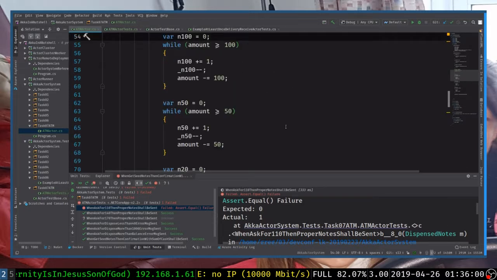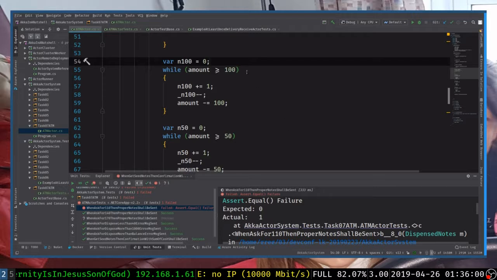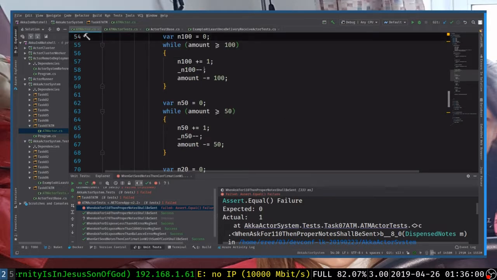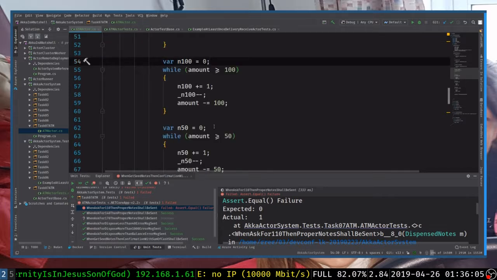So if we have a situation that we need to borrow or change our hand to 50s, how could we discover that?